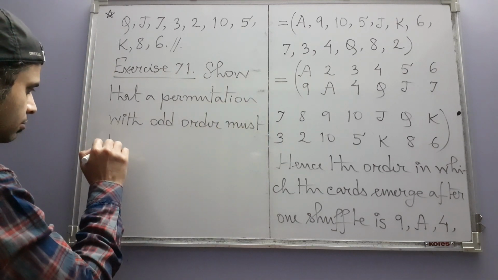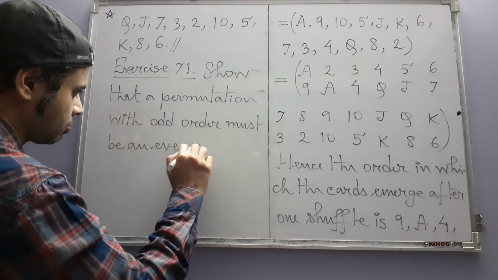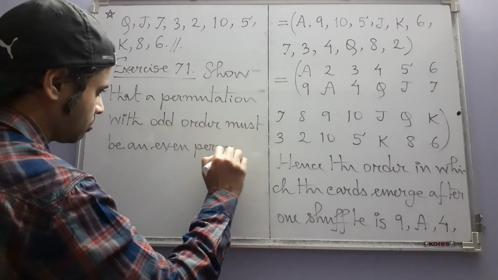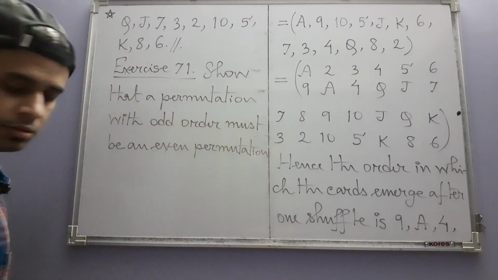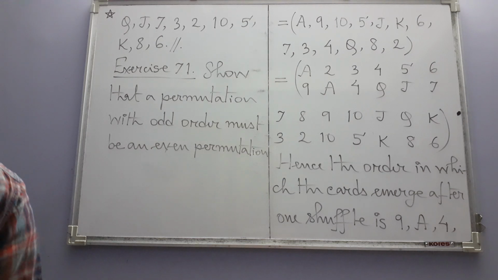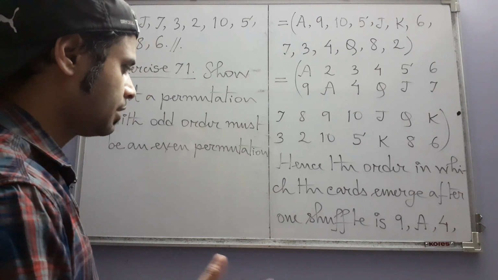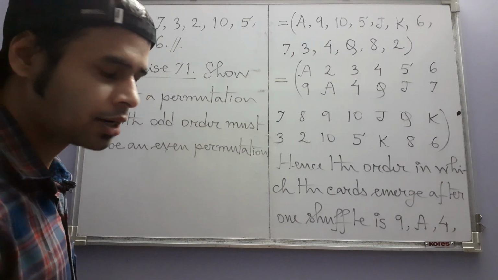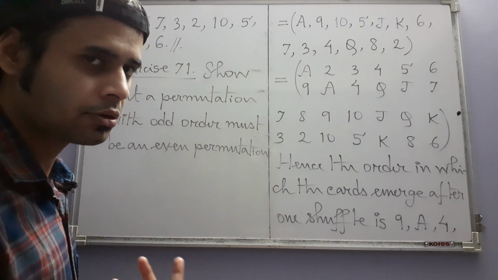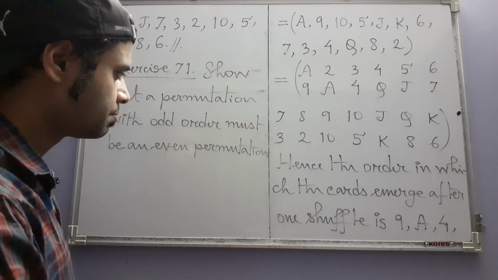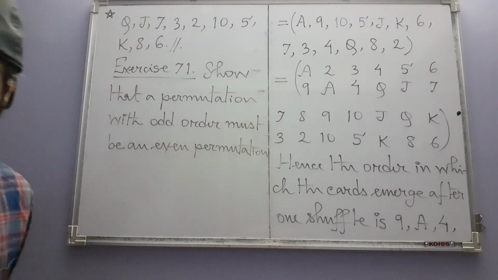So that means in some symmetric group there is a permutation which has odd order. Its order is an odd positive integer. Then we have to prove that the original permutation must be an even permutation.